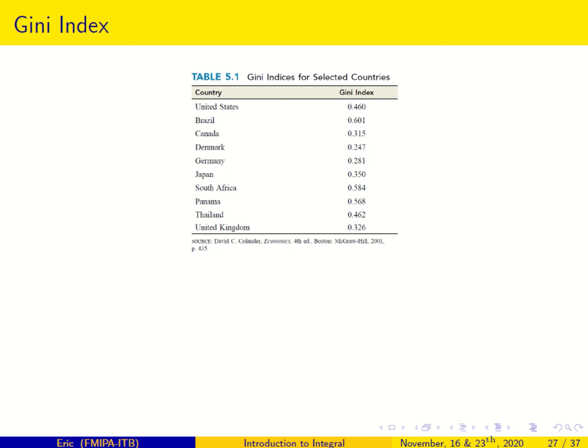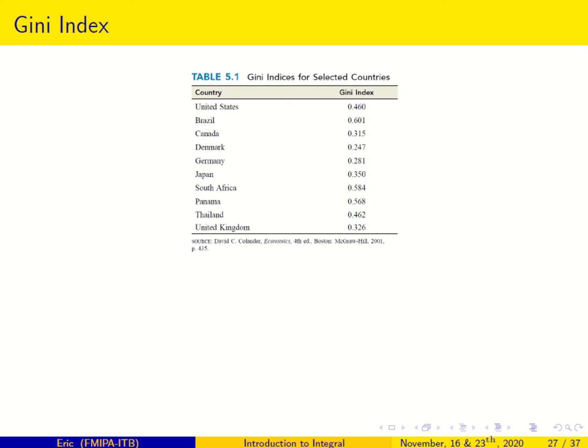So in this one we have Denmark, which has the lowest Gini index. It means the wealth is distributed almost equally. And we have Brazil. Brazil is not so good because the Gini index is 0.6.